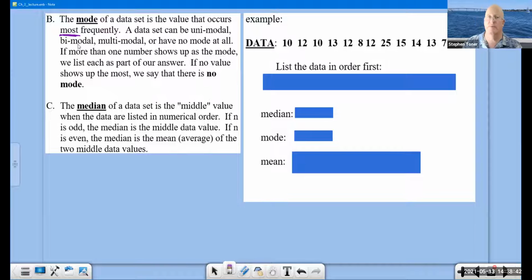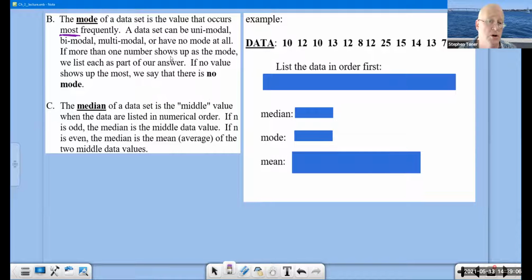Maybe a number shows up 5 times and then another number shows up 5 times. They would both share the title and that data set would be called bimodal. Or you can have multiple modes or no mode at all if every single data value just shows up once and no number shows up more frequently than any of the others.